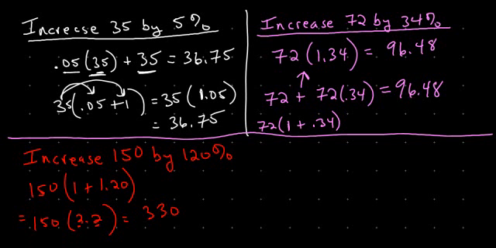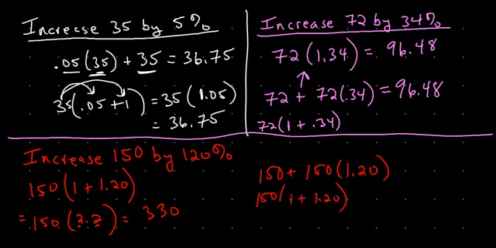It's going to be 150 plus 150 times 1.20. See, 120%, so the decimal place moves 2 places when we rewrite the percentage as a decimal. And you can see what I did there is I pulled 150 out. And I get the 1 plus 1.20. And that gives me my 150 times 2.2.